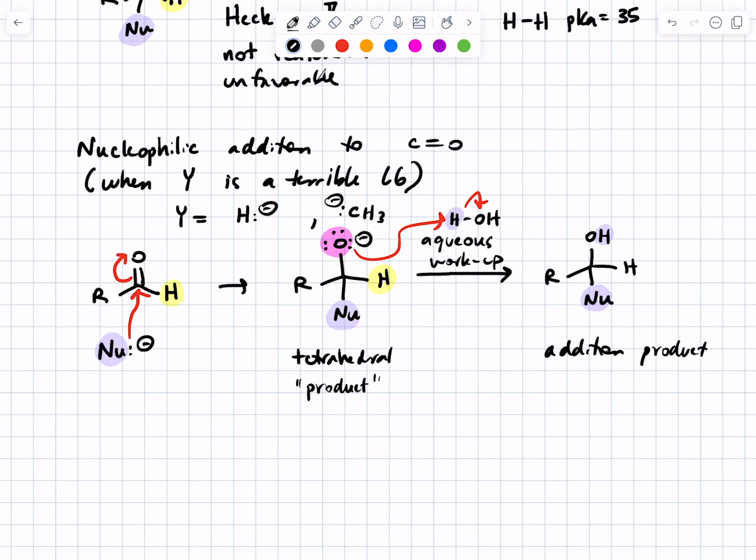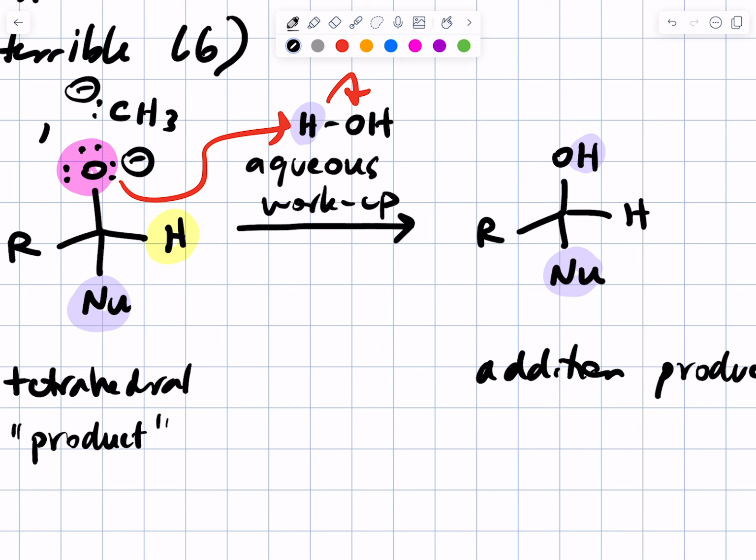Nucleophilic addition to carbonyls, and sometimes this is called a 1,2 addition product, in part because the nucleophile and the hydrogen that get added are on adjacent atoms. So sometimes you'll hear people call this a 1,2 addition reaction. Okay, that's reactivity pattern number 1.